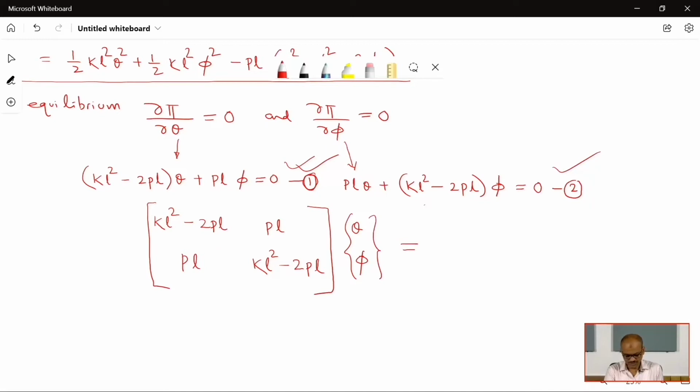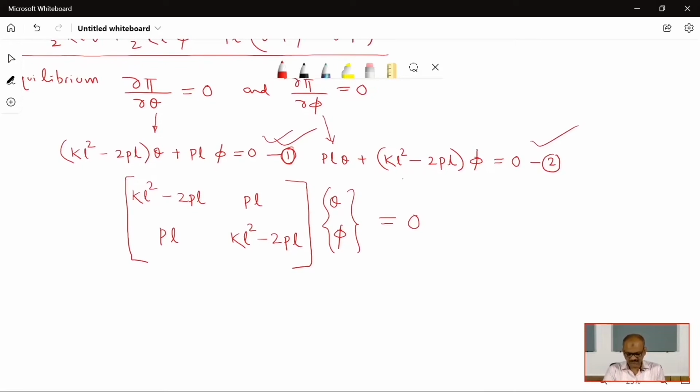this equal to 0. Equation 1 and equation 2 are two linear equations that can be represented in the matrix format as written, and if we solve it, we will get P is equal to KL by 3 and P is equal to KL.